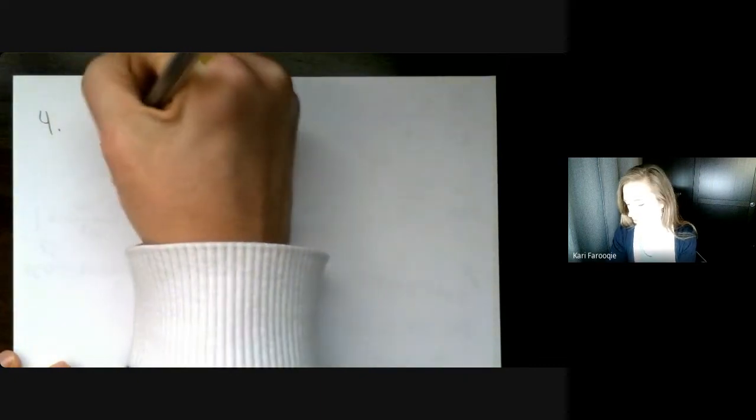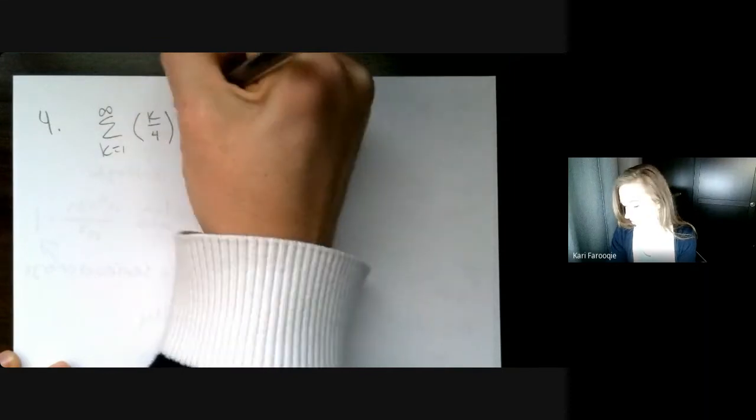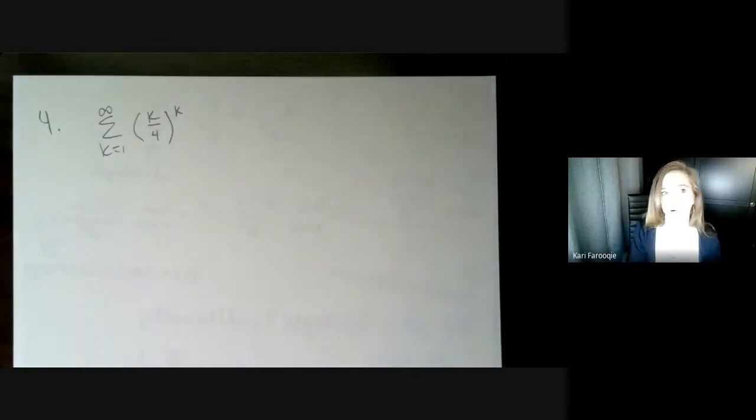Okay. The last one was number 4. I believe it was a root test question. Okay. So we're going to use the root test to determine the convergence or divergence. We're going from 1 to infinity. The series is k over 4 to the kth power.